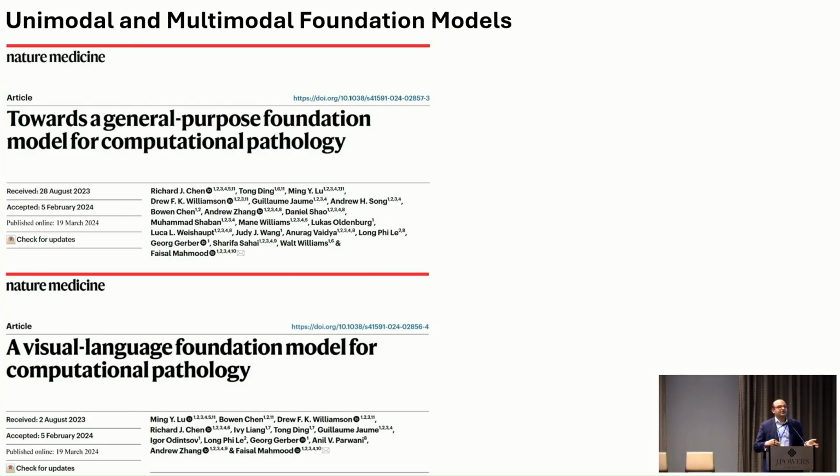I know a lot of people are thinking of these foundation models as some kind of oracles that would solve all problems in pathology all at once. That's really not the case. They're really just feature extractors that you can use in a multiple instance based setting or some other setting.